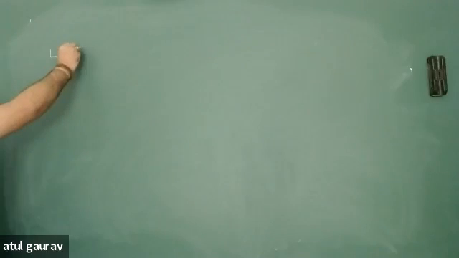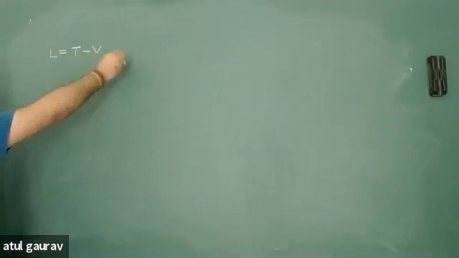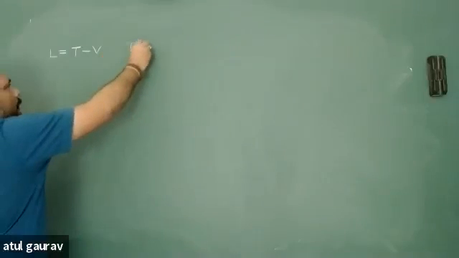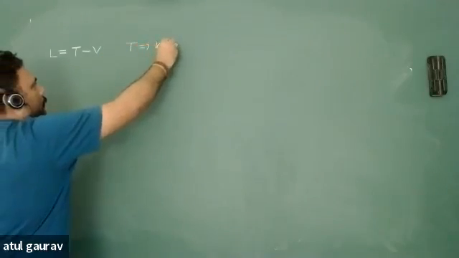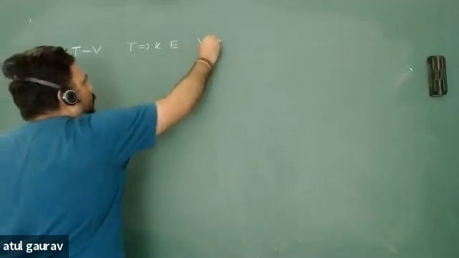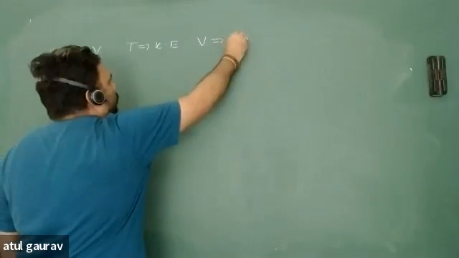Okay, so what is L? L is nothing but T minus V, where T is kinetic energy and V is potential energy.